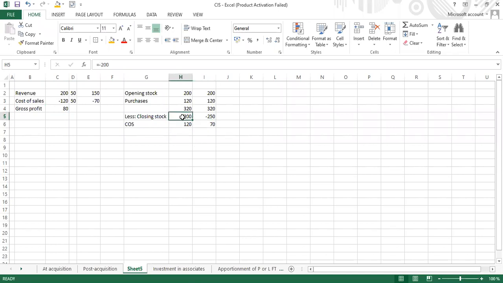The reason why this closing stock is higher by this amount is because there is a profit element inside that has affected the profit value. So it's like bloating, overvaluing your inventory. Because you have overvalued your inventory, your profit is now higher than it's supposed to be. That's the angle that adjustment is coming from.